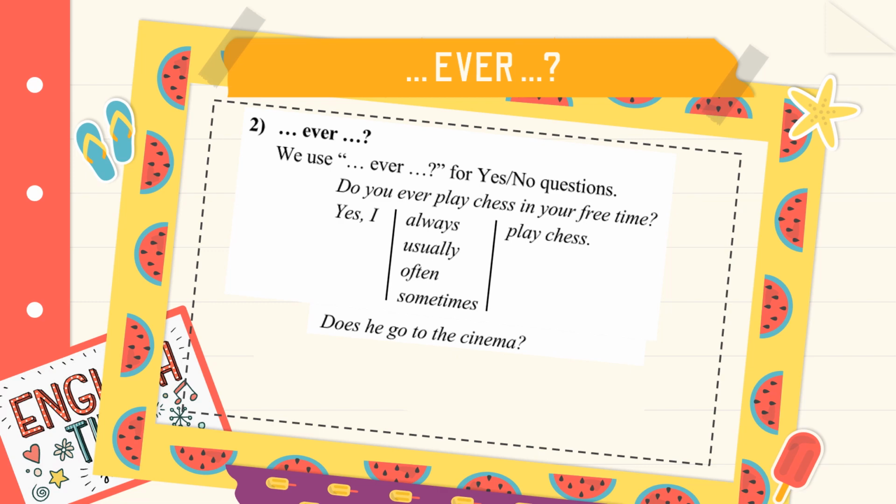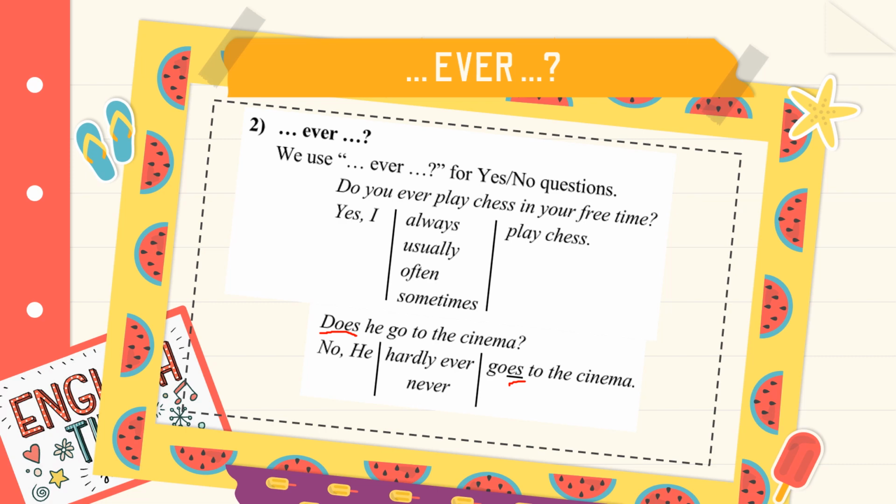And does he go to the cinema? If the answer is no, then you must use hardly ever or never. Okay. Don't forget the S. Don't forget that if the subject is he, she, or it, you must use does.